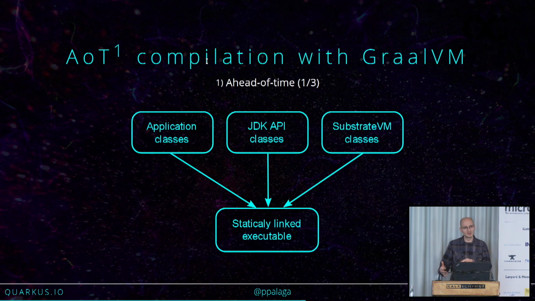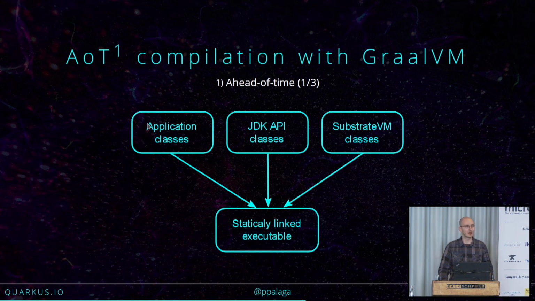So Quarkus is using GraalVM to produce native executables. The name for the process is ahead-of-time compilation. In the traditional JVM, the compilation into native code happens at runtime, and the compilers use some runtime information, and it's called JIT, just-in-time compilation. Okay? This is ahead-of-time compilation. There are three inputs that are used to produce your native executable.